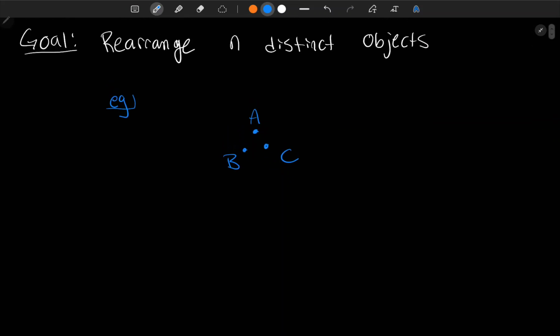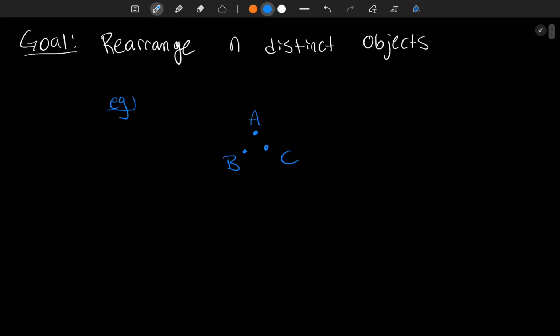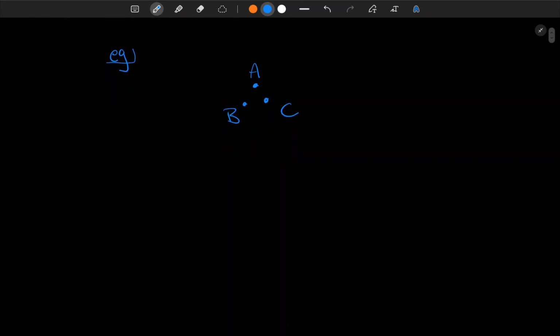C. Since this is such a small group, I can actually write out an exhaustive list of the elements. They are the following.